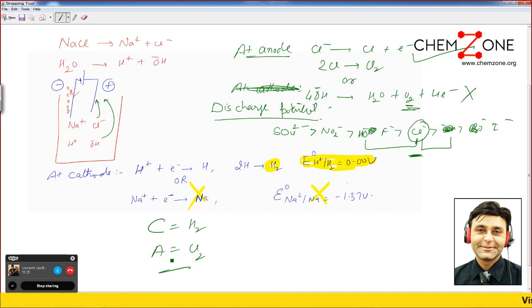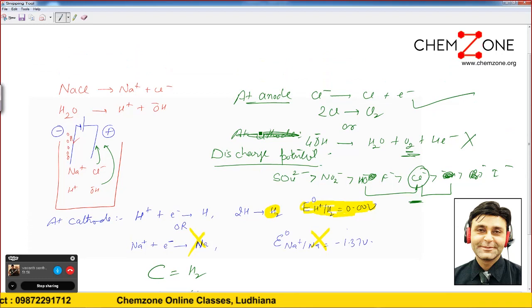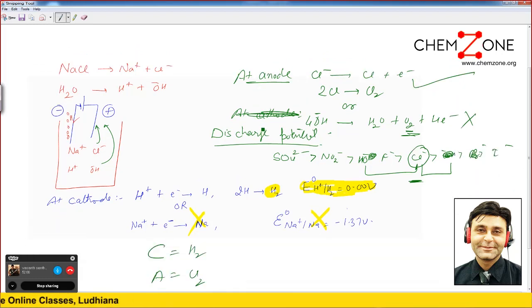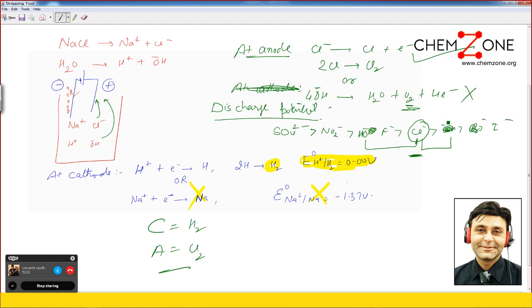But here, in the aqueous state, at cathode it is hydrogen, and at anode it is chlorine. Now, it means there is a difference, right? If you choose molten or aqueous, the product will be different.